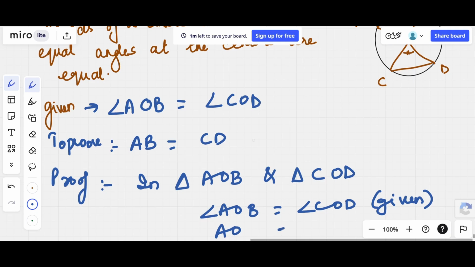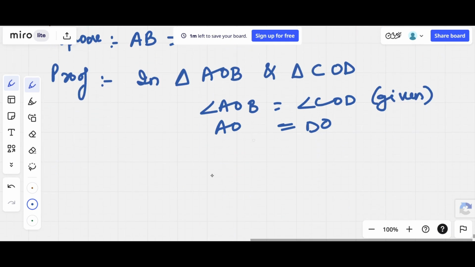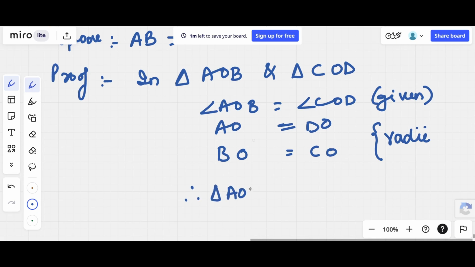AO equals DO and BO equals CO, radii. Therefore, triangle AOB is congruent to triangle COD by SAS.